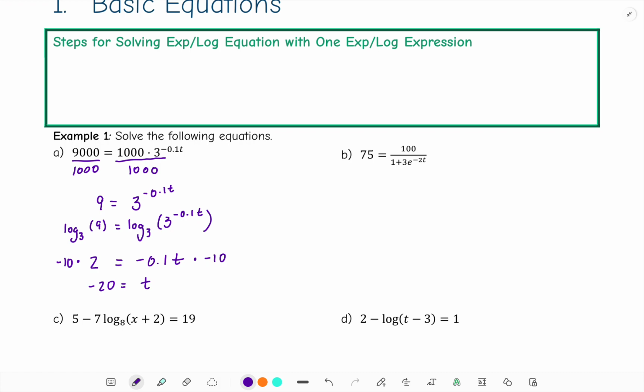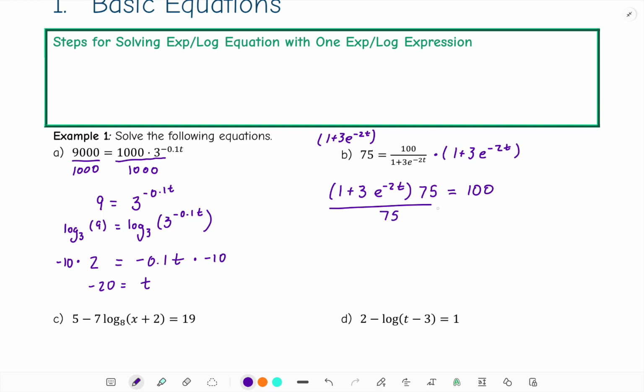Now for part B, there is still only one exponential expression, and it's the only expression that contains a variable. The first thing I'm going to do, because I don't really like that fraction, is multiply by the denominator. Whatever you do to one side, you have to do to the other. So then we get 1 plus 3e^(-2t) times 75 equals 100.